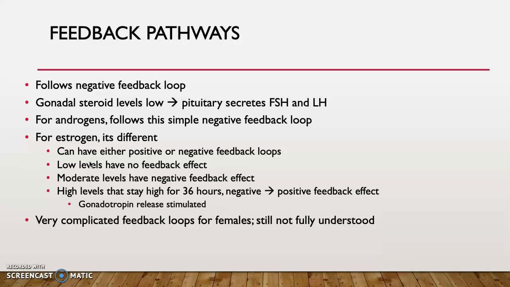So it's pretty ironic, a pretty opposite feedback loop when comparing it to androgens. Because of that, it is a very complicated feedback loop when comparing females and males, and because it's so complicated, it's still not fully understood. And this concludes my presentation.